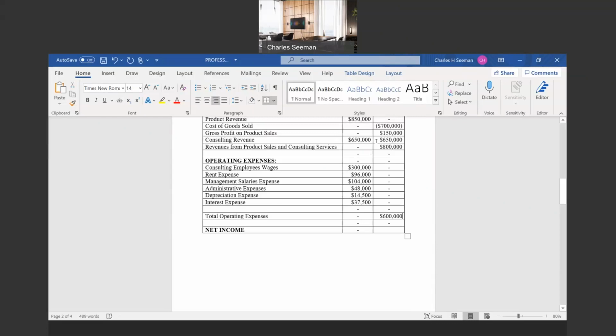And then you subtract this line, the 800,000, from the 600,000. You could show this in brackets if you want. Just going to do it for demonstration purposes. And you get 200,000 as net revenue, net income.